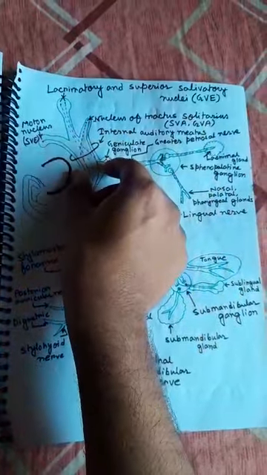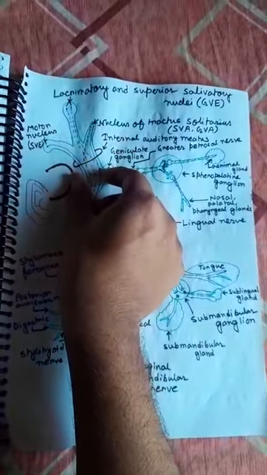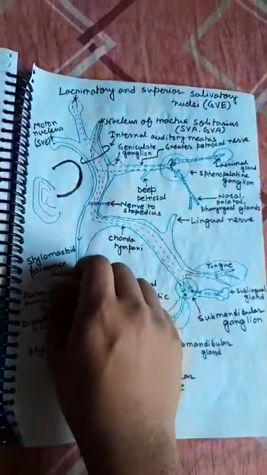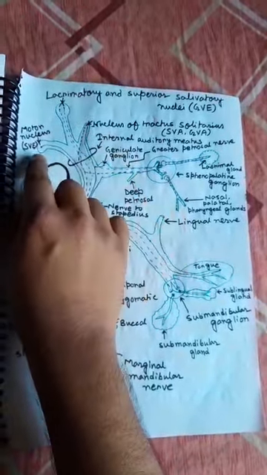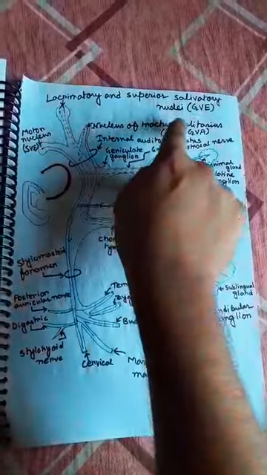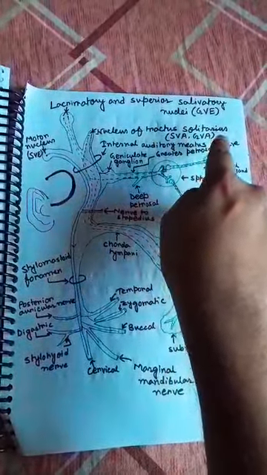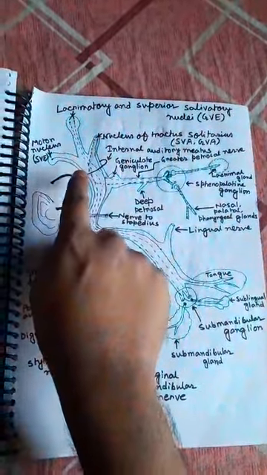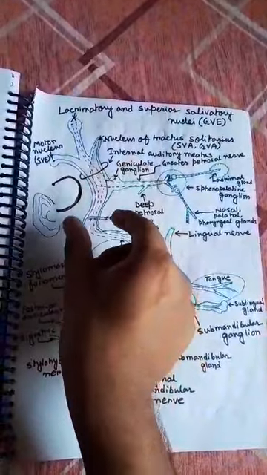These form the facial nerve. From these nuclei, the facial nerve comes from the lower pons.